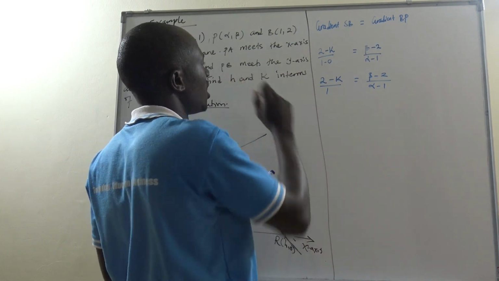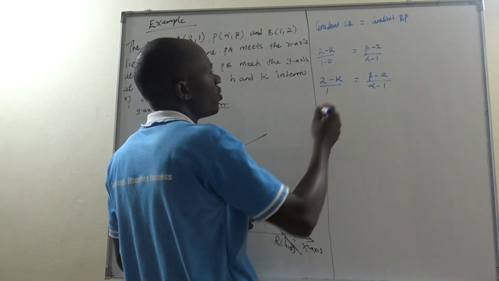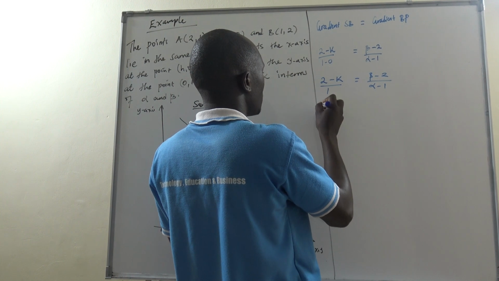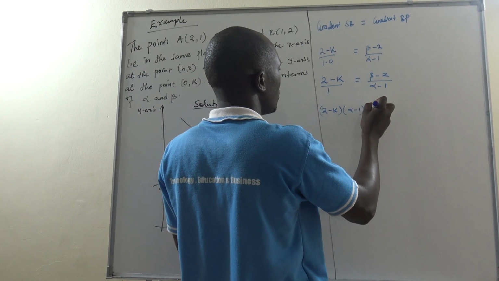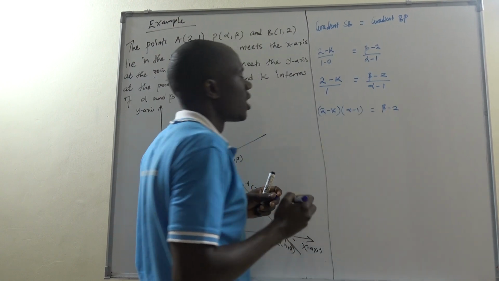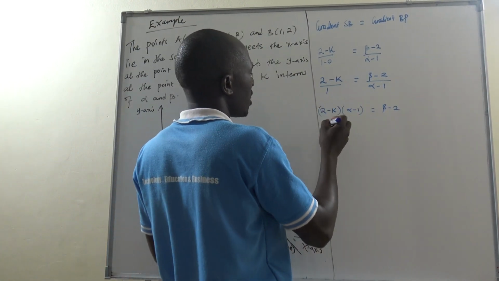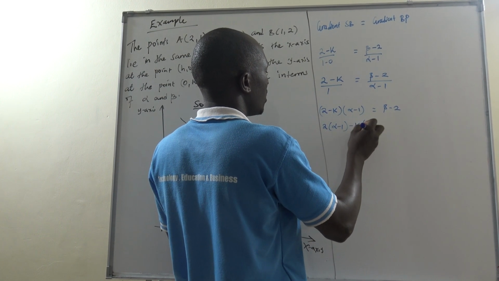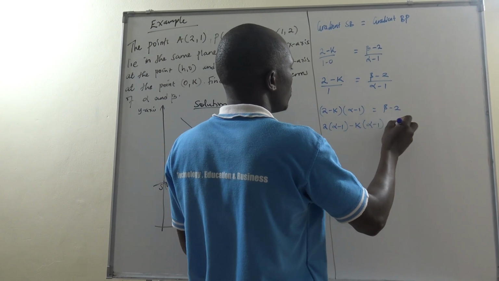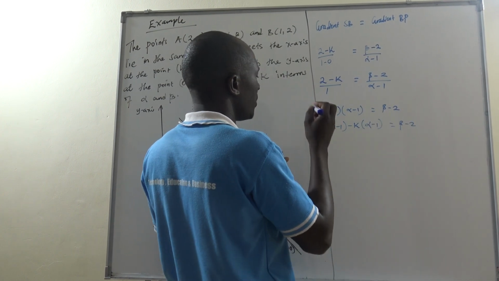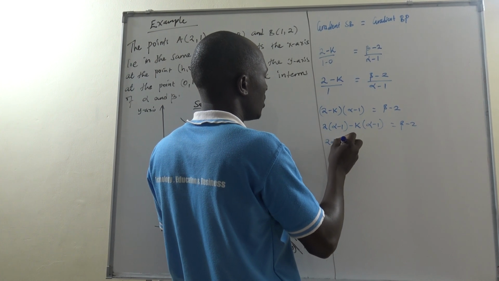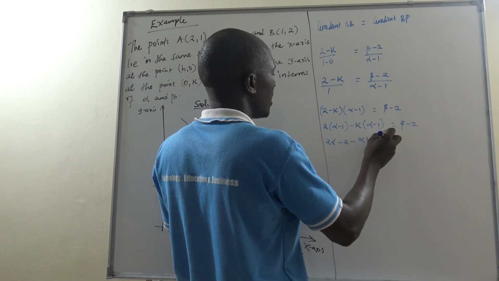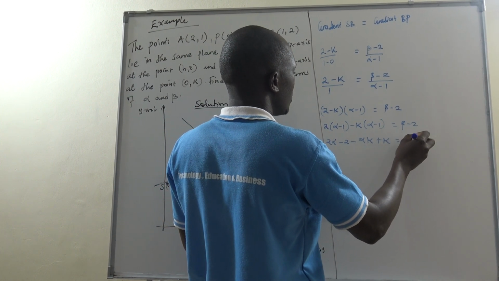Our interest is to find h and k. For this case, I'm going to make k the subject. We cross multiply: 2 minus k into alpha minus 1 equals beta minus 2. Open up the brackets: 2 alpha minus 2 minus alpha k plus k equals beta minus 2.